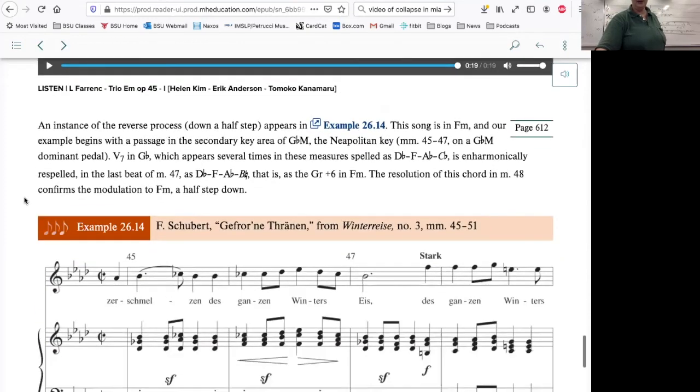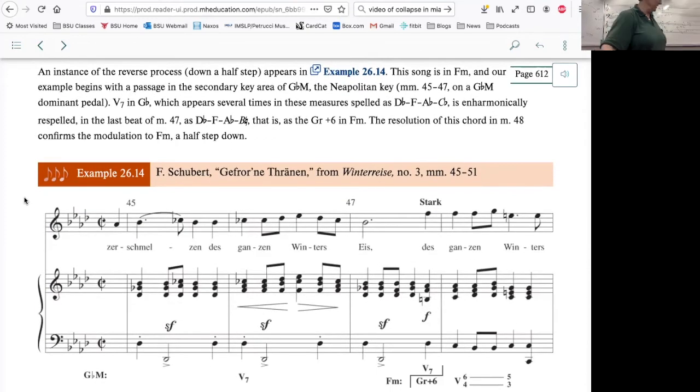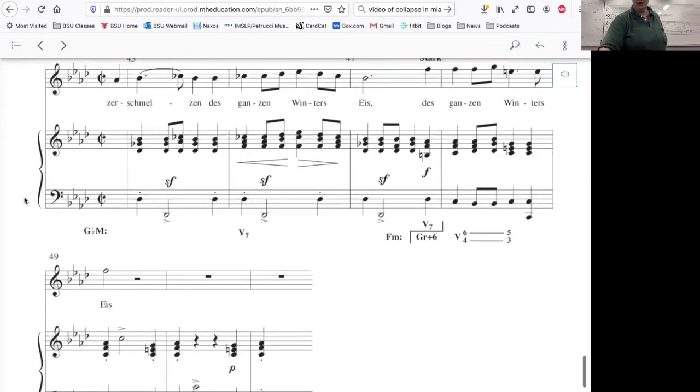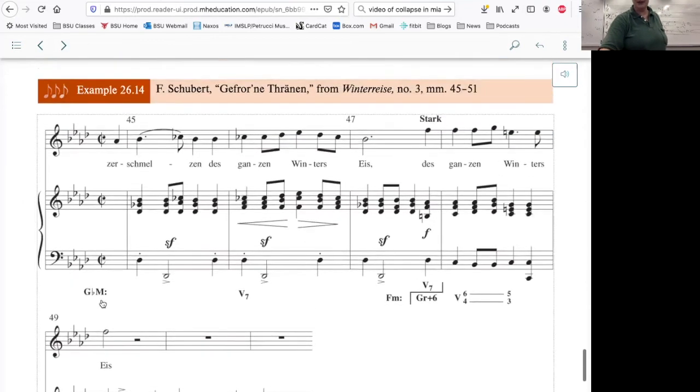And finally, we'll look next at example 26.14, and this shows another modulation by minor second. This time we're going from a major key, G flat major, to a minor key. And this time the chord that we use to modulate would be a 5/7 in the first key.